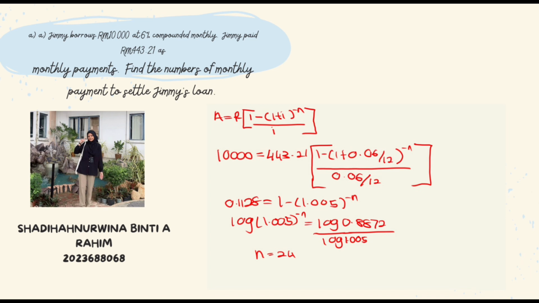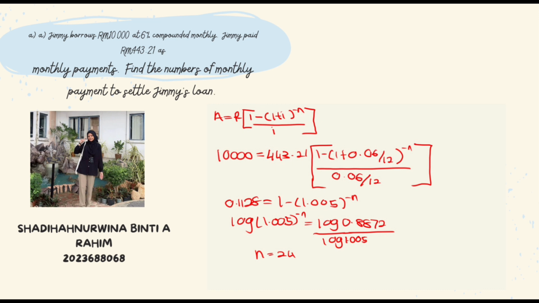Question 4. Jimmy borrowed 10,000 at 6% compounded monthly. Jimmy paid 443.21 as monthly payment. Find the number of monthly payments to settle Jimmy's loan. In this question, we will use the formula A equals R[1 minus (1 + i)^(-n)] divided by i.